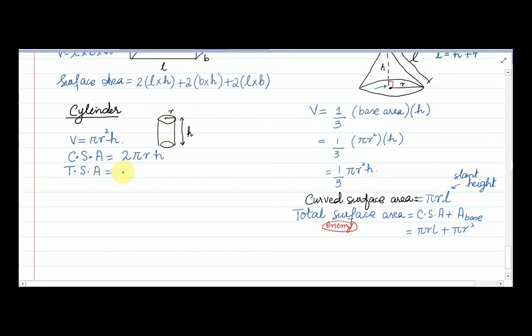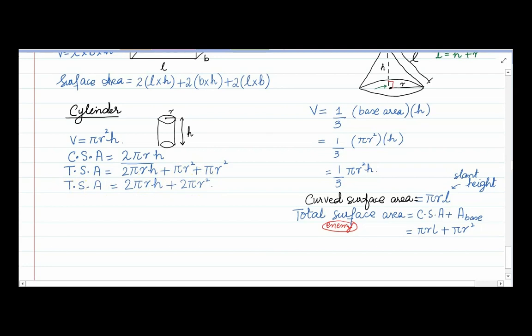That means the total surface area is equal to the curved surface area, that is 2 pi r h, plus the upper portion, that is pi r square, plus the bottom portion, that is pi r square. So it will be 2 pi r h plus pi r square plus pi r square, it's 2 pi r square. So that is the total surface area of a cylinder.